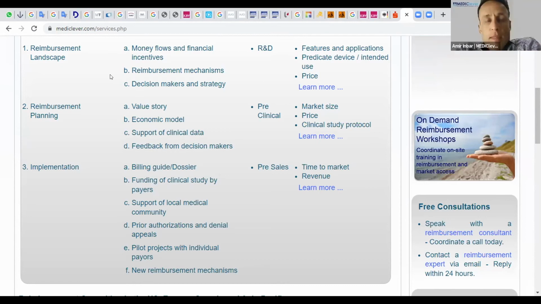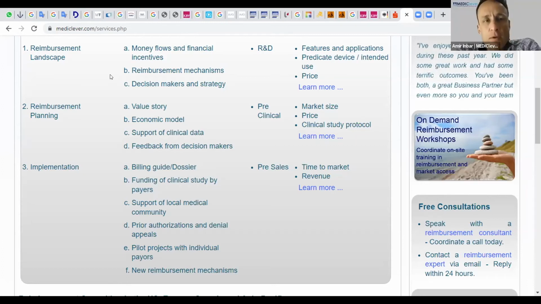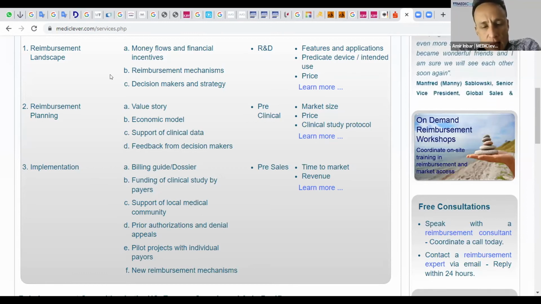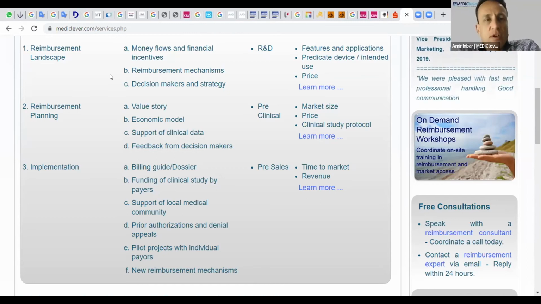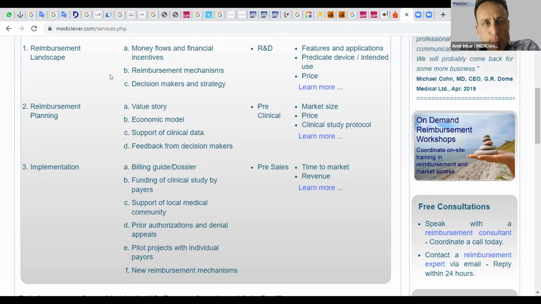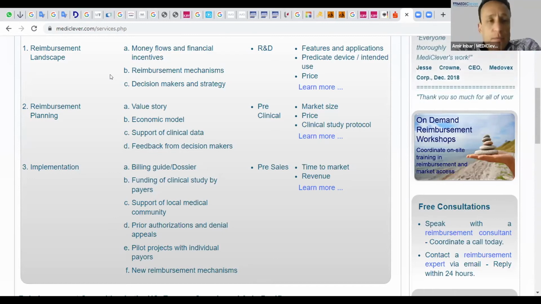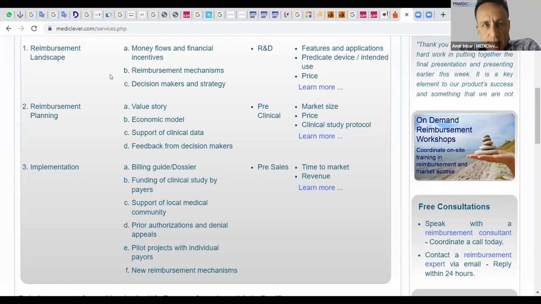The problem was that there were existing reimbursement mechanisms in place, and specifically codes for those pumps, but according to the code descriptor, the pump had to work at a pressure range of between 70 to 200. I think it was PSI. But their product, already cleared by the FDA, operated at a pressure of 50 PSI.